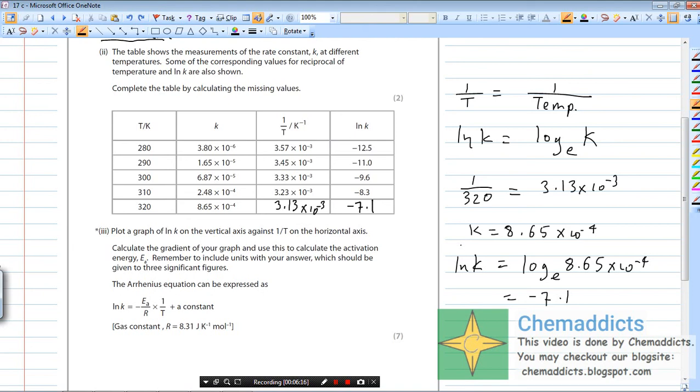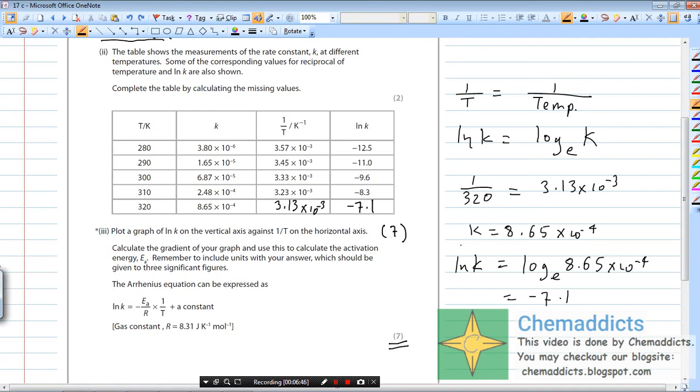Okay. So this is given. In here we can see that the total mark for question 3 is 7. Okay. So let us at first break the things into smaller parts before answering the question. The first part of this question is to plot a graph of ln k on the vertical axis.